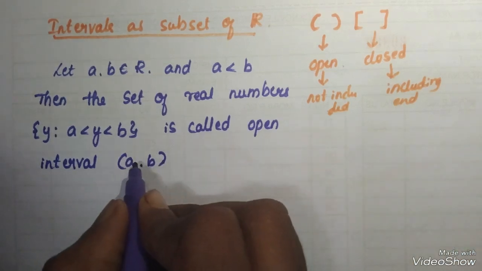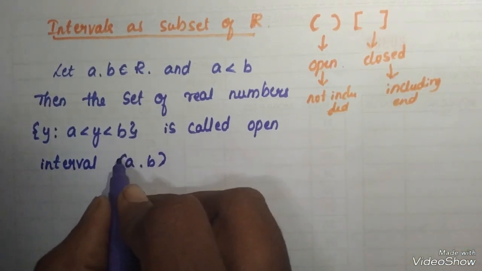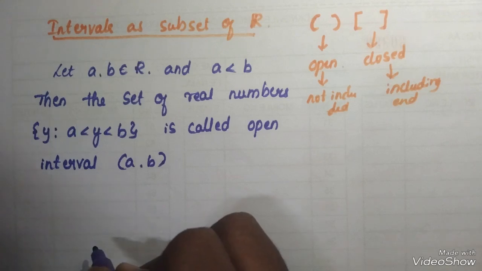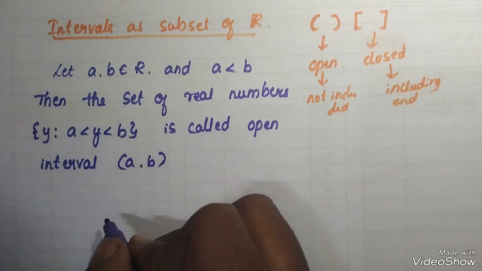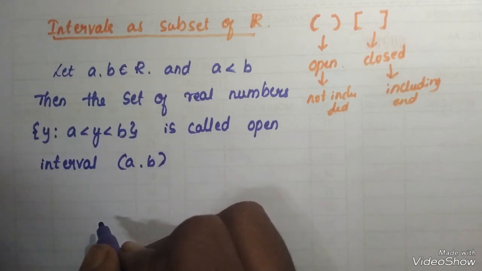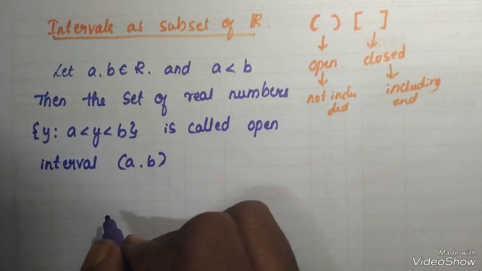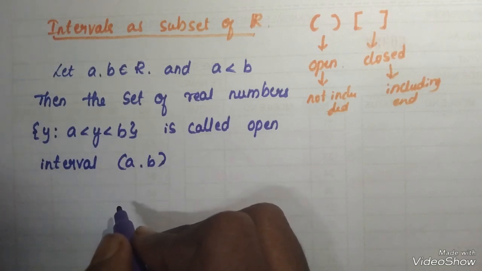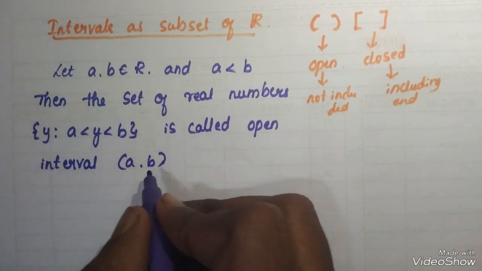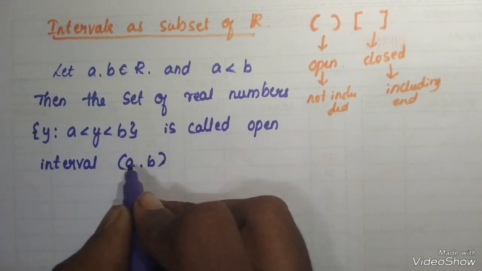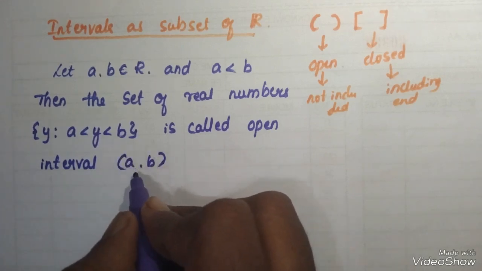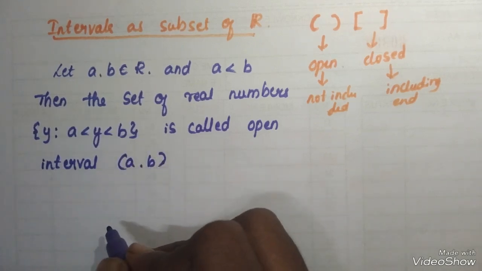Usually it is denoted by the symbol open interval (A, B). All the points between A and B belong to the open interval (A, B), but A and B themselves do not belong to the interval. Open interval means the end points are not included.